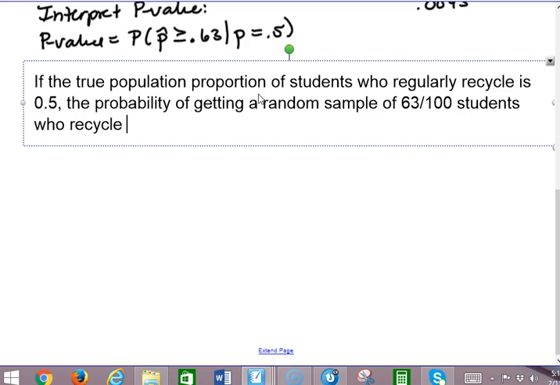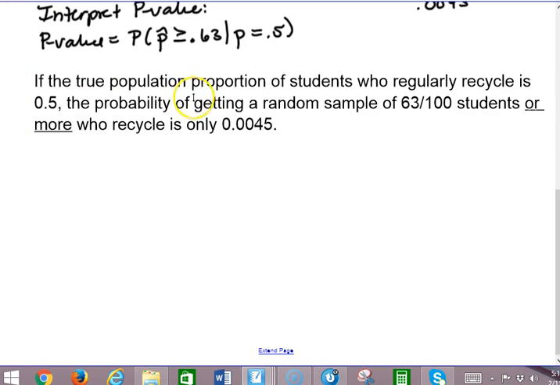Let's see, I'm going to put the or more back here because I think it sounds better in the sentence. Or more, and that's important. And I'm going to underline that because, remember, it has to be an area under the curve, so we have to have 63 out of 100 or more who recycle is only 0.0045. Okay, so this is interpreting the p-value.